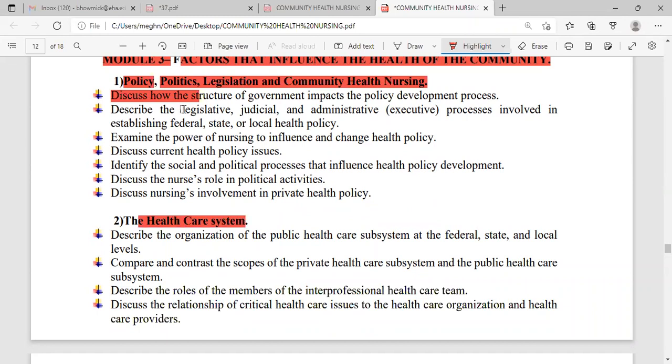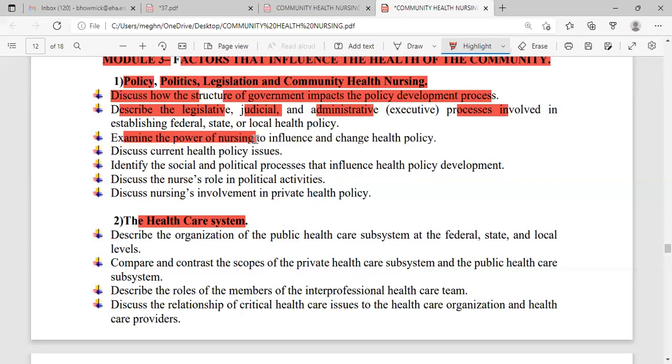So basically, policy discusses the structure of governmental impact of policy development process and describes the legislative, judicial, administrative process involved in establishing federal law, state law, or local health policy, or even agency policy.